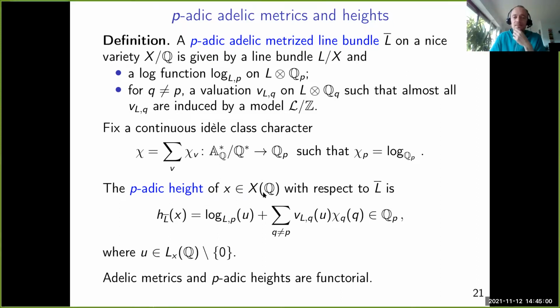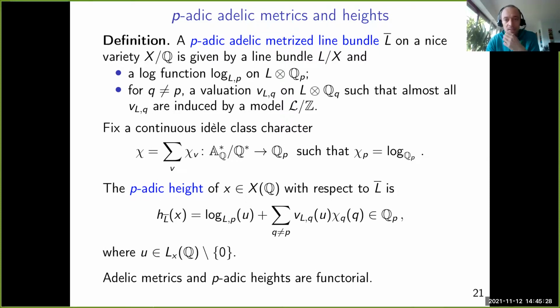Then the p-adic height of a point x with respect to this adelic metrized line bundle is given by choosing a non-zero vector u in the fiber, and then applying log_p of u, and then away from p, I apply the valuations v_{L,q} and multiply by this weighing factor here, right? And then you can show that this gives you a functorial theory.